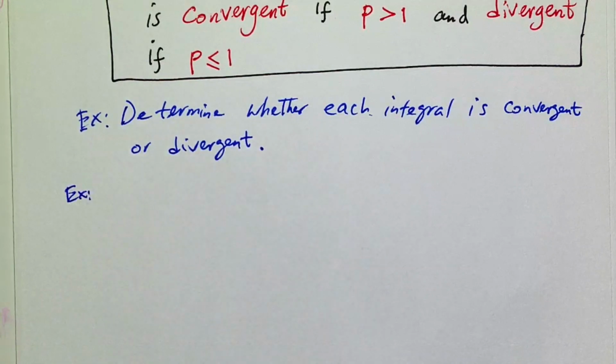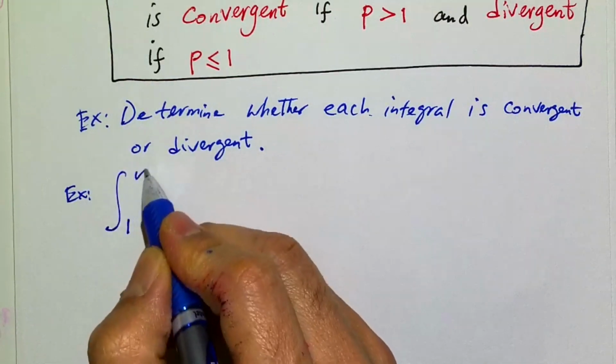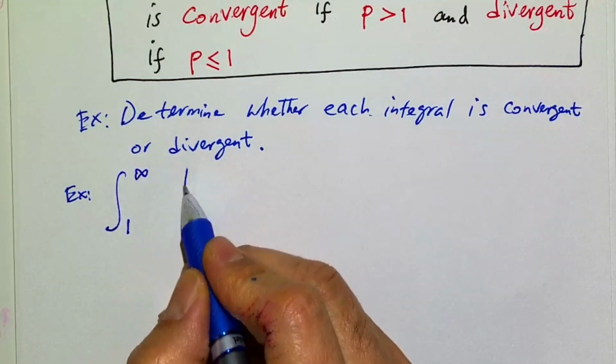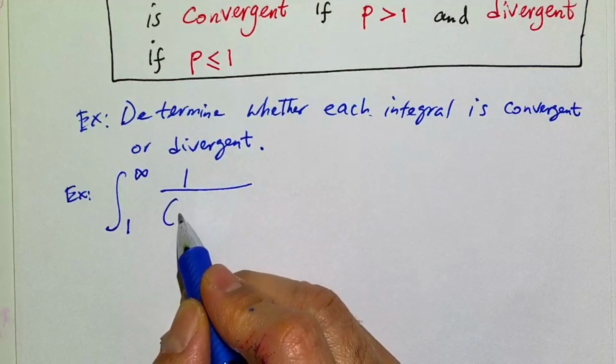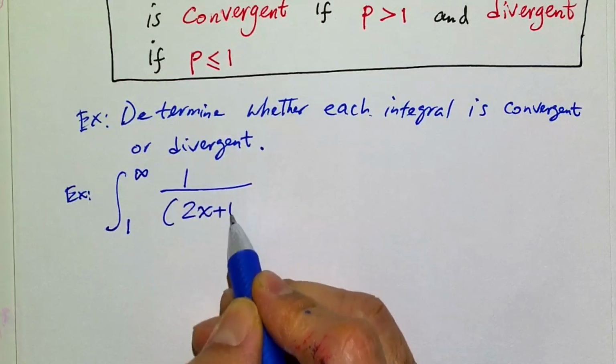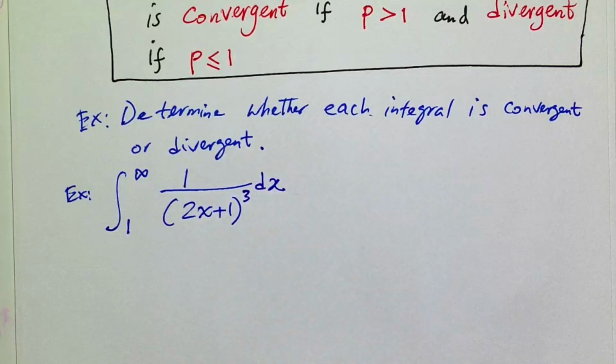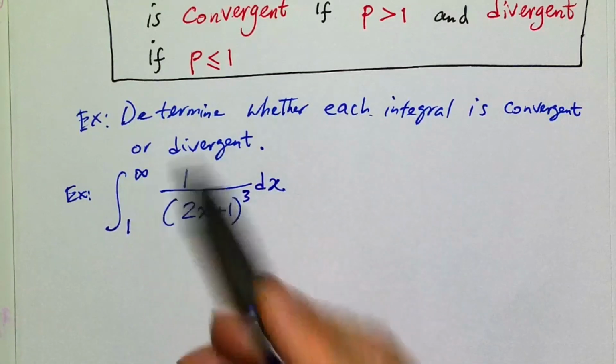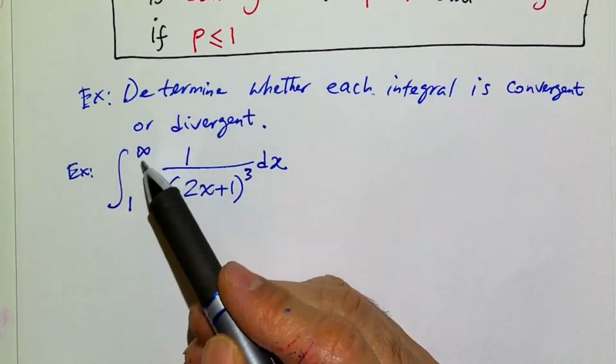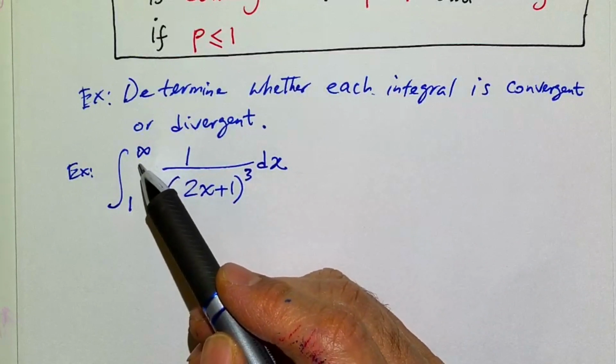Okay, so here's one example. Suppose we want to evaluate this integral going from 1 to infinity of 1 over (2x plus 1) cubed dx, right? Clearly, this is an improper integral of type 1. The upper limit is set to infinity.